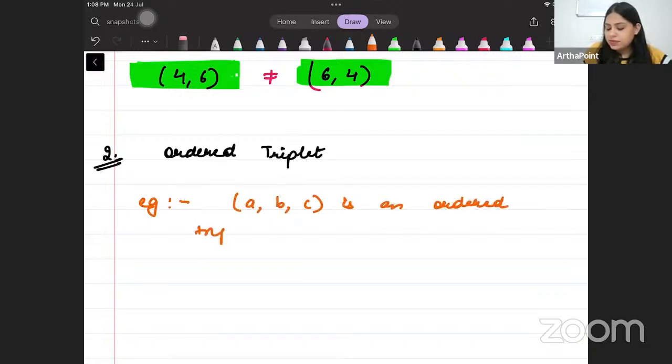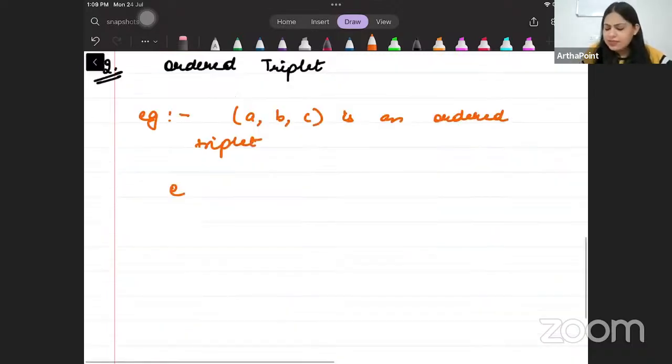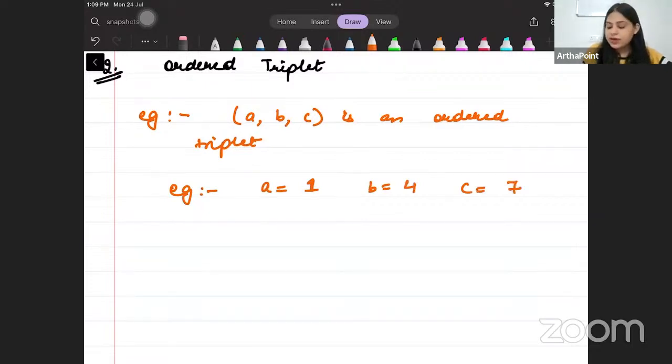A, B, C is an ordered triplet. Again, A, B, and C can take any values. So A can be 1, B can be 4, C can be 7. So what will be your ordered triplet? Your ordered triplet will be 1, 4, and 7. This will be your ordered triplet.